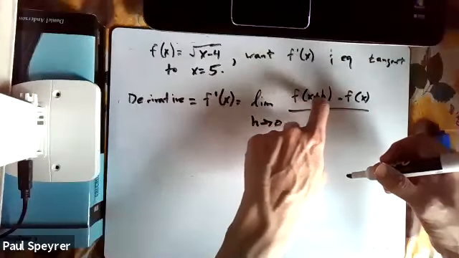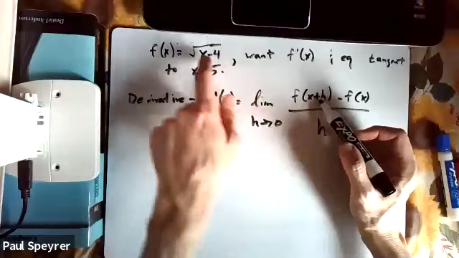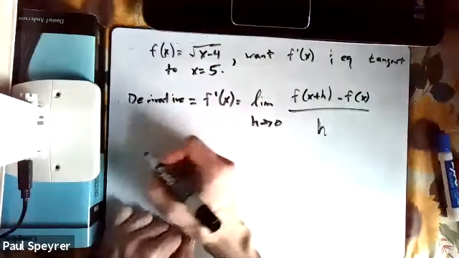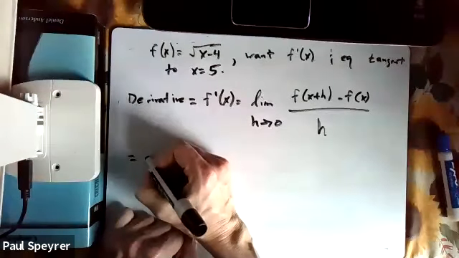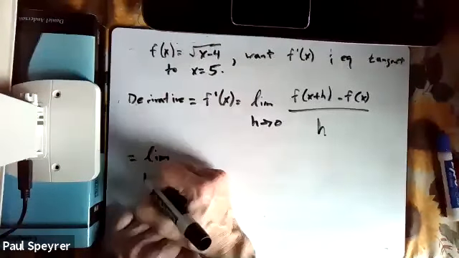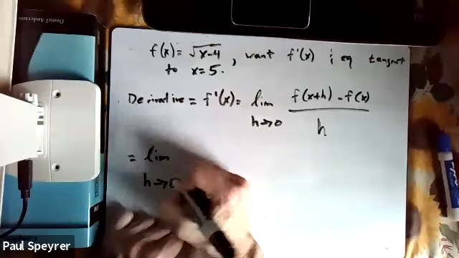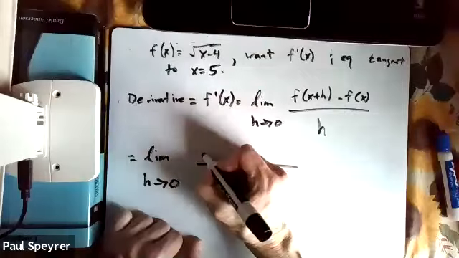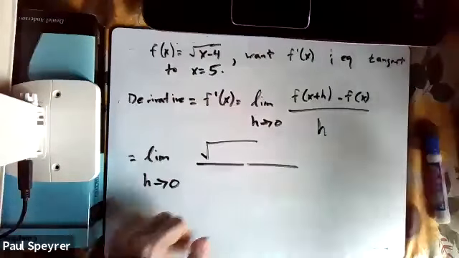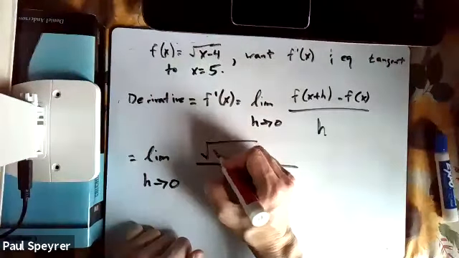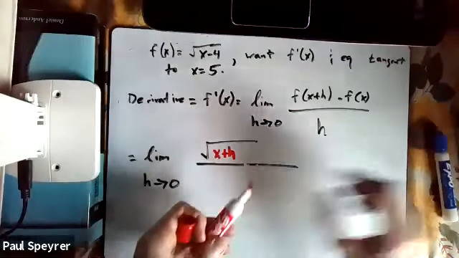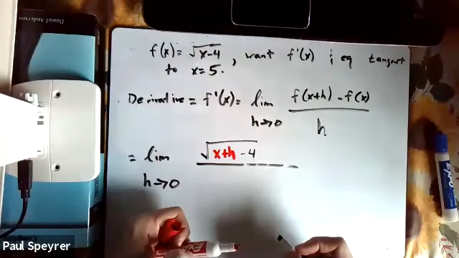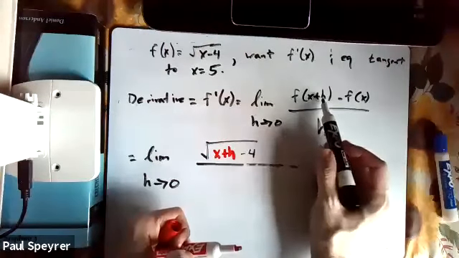This says f of x plus h. What does that mean? It means where you have an x in your equation, you plug in x plus h instead. So what is that going to look like in this instance? Well, we're going to have the square root of x plus h minus 4. So that's f of x plus h.